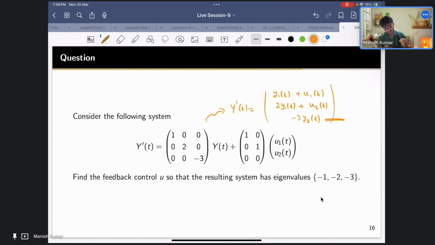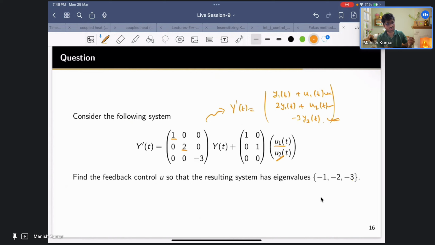So these two eigenvalues, 1 and 2, I want to shift to -1, -2. Basically I just want to shift these two eigenvalues, and that's why I have put the controls u1 and u2 on just these two components, because this one is fine. I don't want to change this one. If I put here -4, I'll have to take u3 as well.